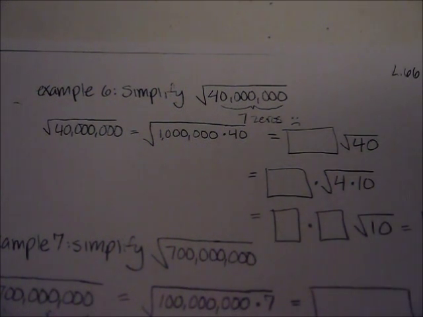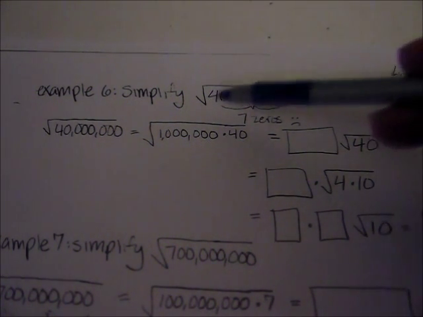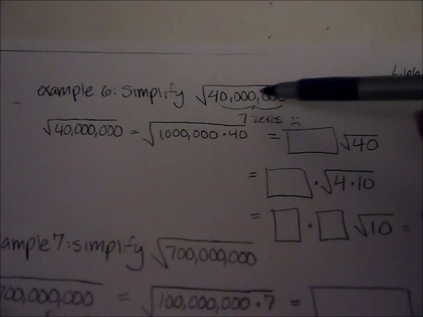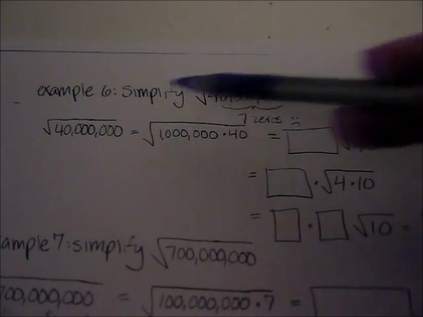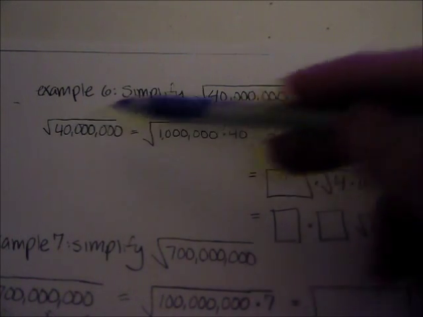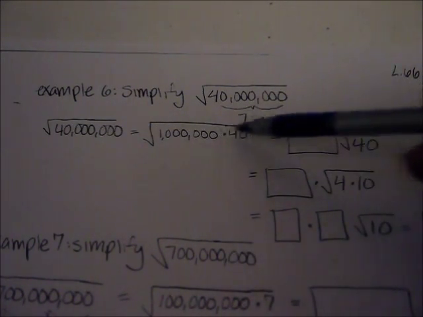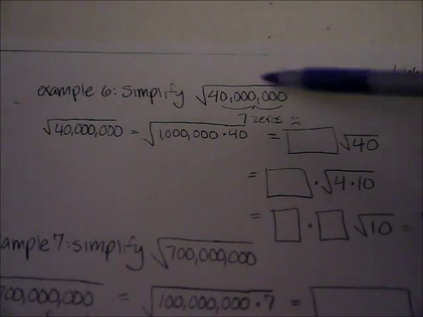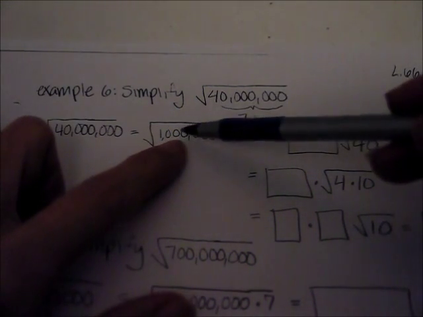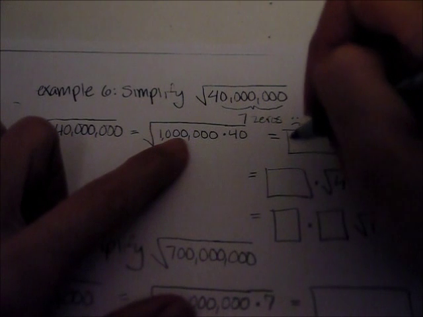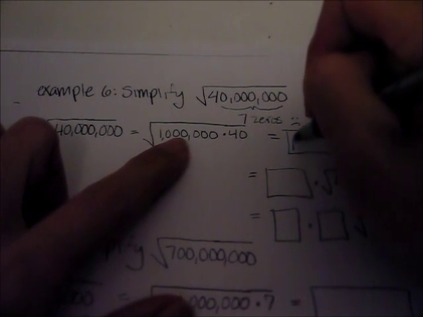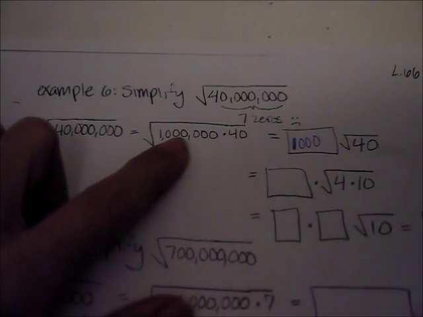So, okay, now we're going to simplify the square root of 40 million. So again, we have 7 zeros, so that's not going to work to just take the 4 out. We're going to have to take a 40 out, so 40 million is the same as 1 million times 40. And the square root of 1 million is 3 zeros, 1,000, okay?